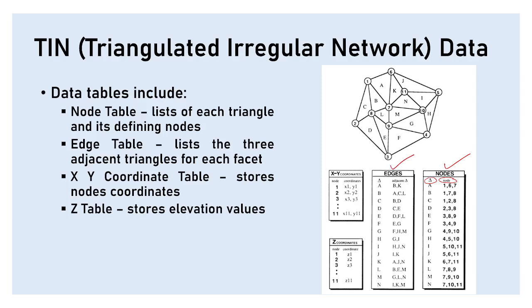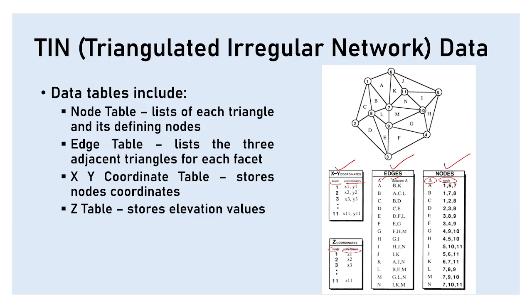So adjacent triangle information is here, and the triangle or facet is here. According to that, we'll get the information on which triangles are adjacent to it. Then we have the xy coordinate table. It stores the node coordinates. So node information is here, coordinate information is here, and then we have the z coordinates, which more or less tell you about the elevation or the depression. That difference will be given here. So again, the node and the coordinate.